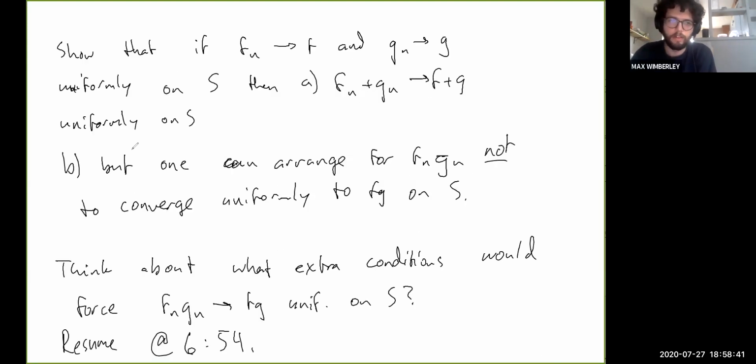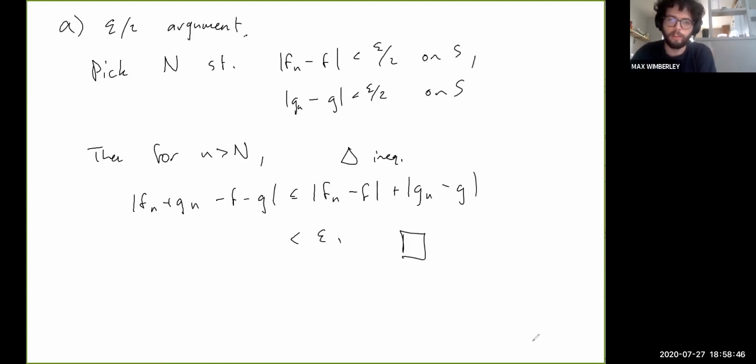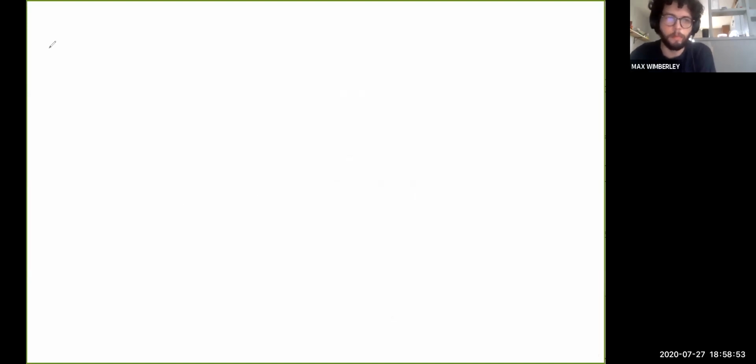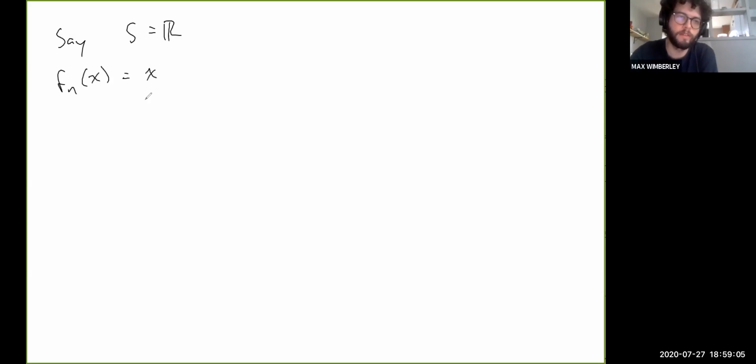Now, this here is when things get wonky. Since some of you, maybe all of you, might have already seen the counterexample in the book, I'm just going to go ahead and state it. Say S is all of R, and fn of x is just x for all n, and gn of x is 1 over n, constant.